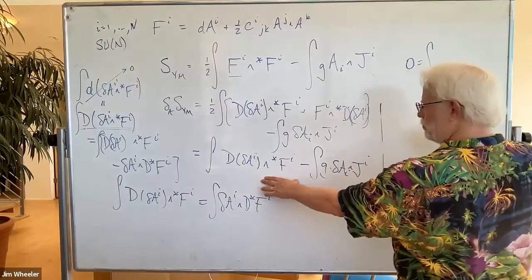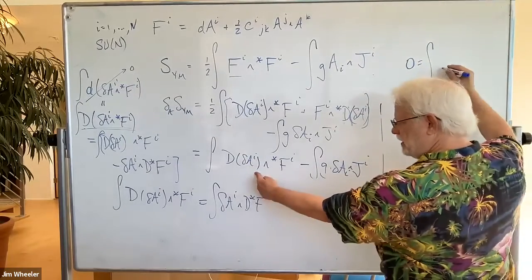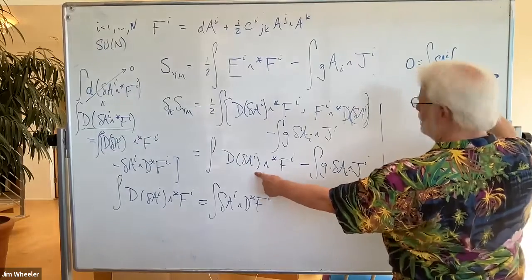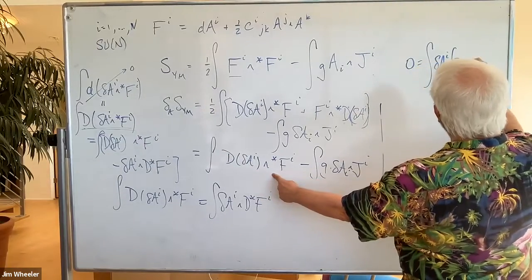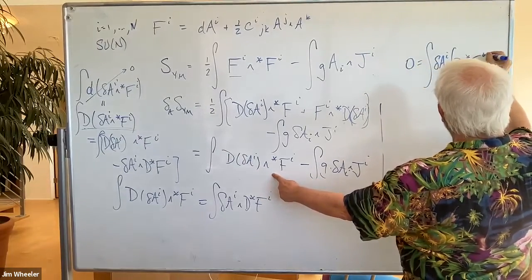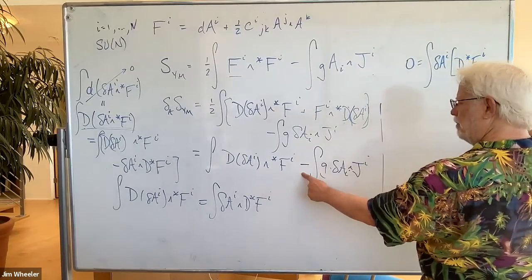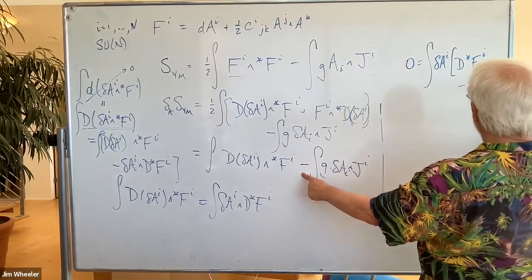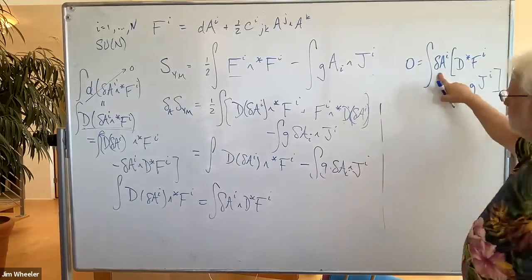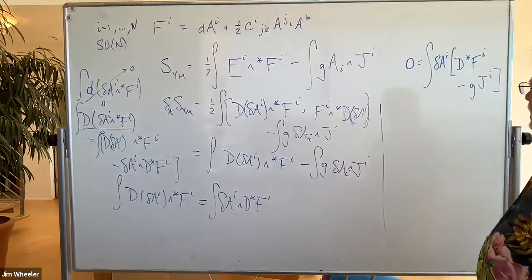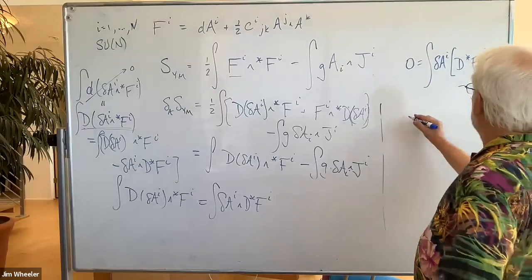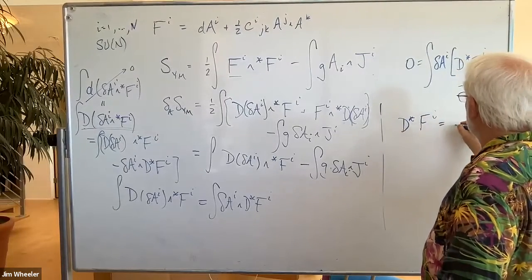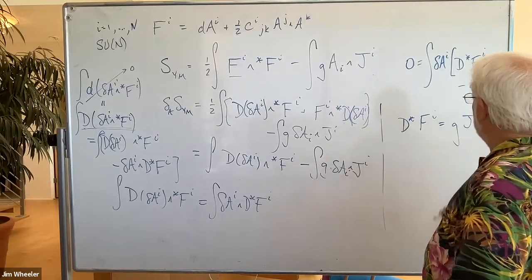So 0 is equal to the integral. I've integrated this term by parts, so I can pull out my del AI. And I have D of star Fi minus G Ji times the arbitrary variation. And so the usual way here, I conclude that D of star Fi is equal to G of Ji.